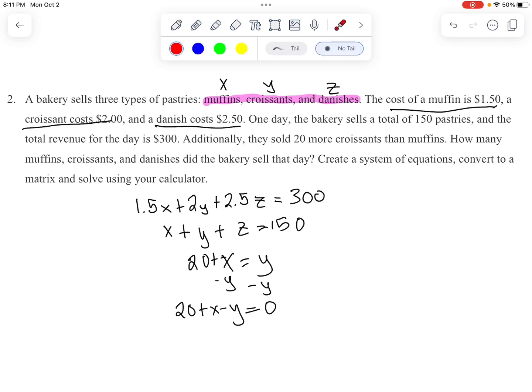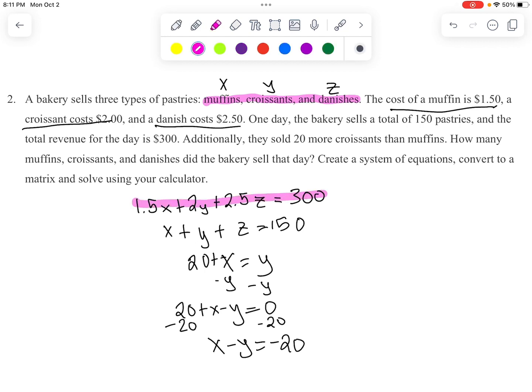And then I have to move this 20 over because all of my other constants are on the right side. So I'm going to subtract 20 from both sides, and I will get X minus Y is equal to negative 20. So now my three equations will be this guy, that guy, and this guy. Okay, so from here we'll go to the matrix.